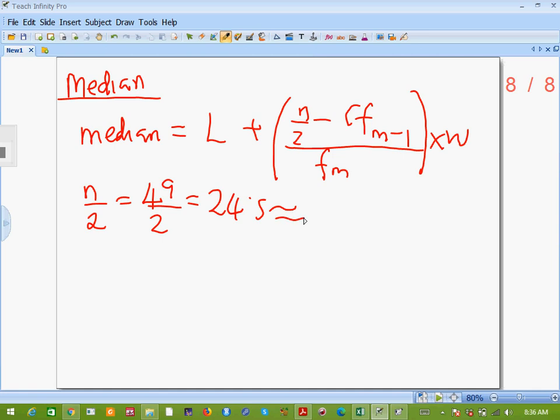And this is approximately 25. So we check in our data set in which class 25 falls. Okay, so actually where we find the 25th value. So let's go back to our data set.